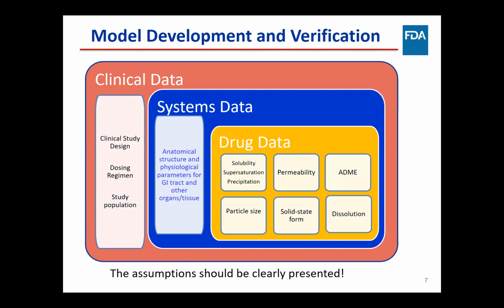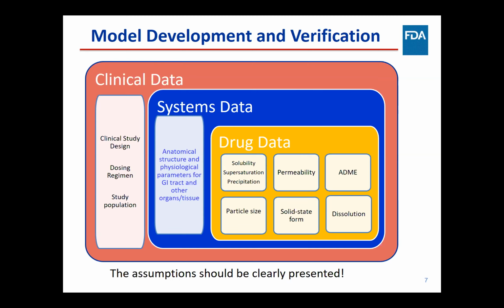Next slide. So the data needed for model development and verification could be categorized in 3 layers here. The drug data, which includes drug substance physicochemical properties, formulation attributes such as particle size, solid state form, dissolution, and ADME properties of the drug product.